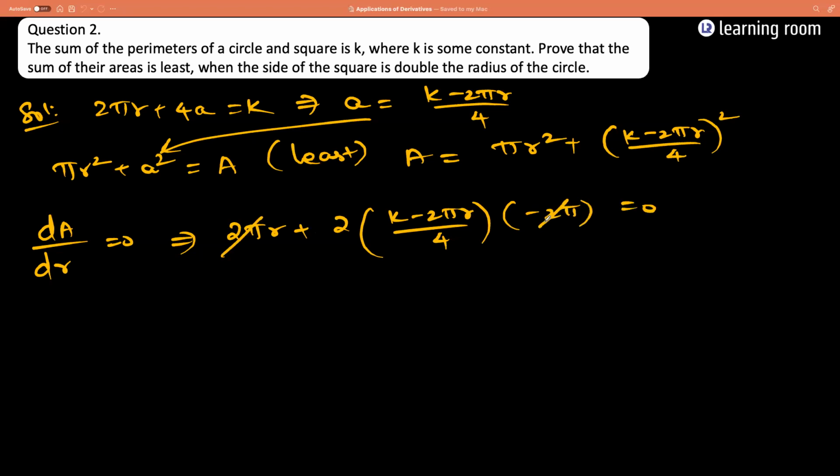So 2 pi and 2 pi are lost. So 4r will be equal to 2k into pi. 2 pi and 2 pi are cancelled, no? 4r will be equal to 2k minus 4 pi r. Am I right?